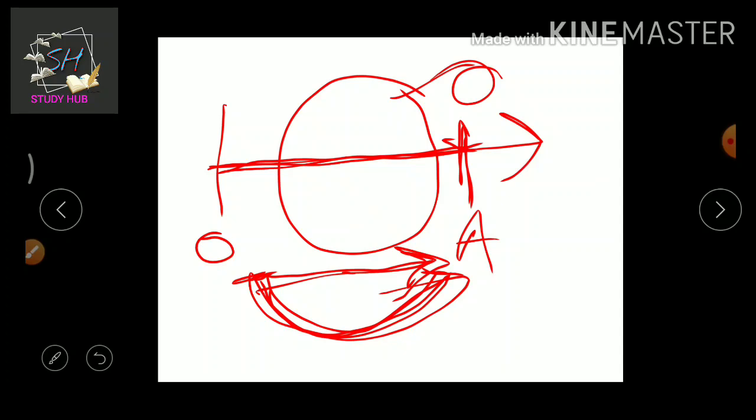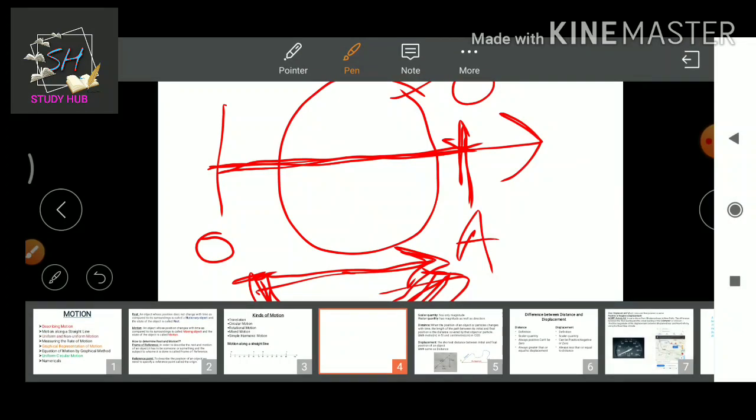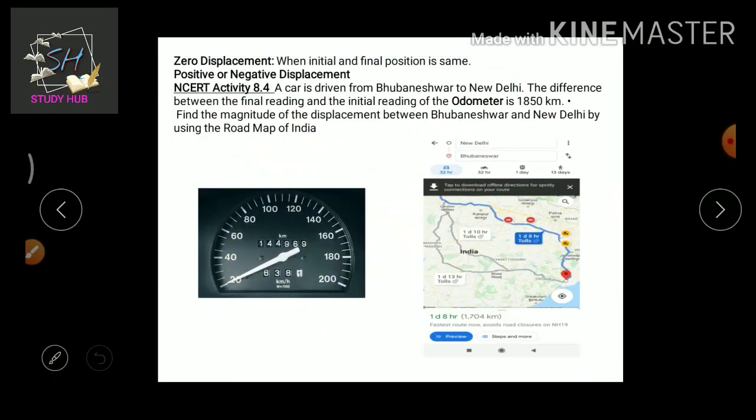Now in your NCERT book there is an activity 8.4. What is it saying? It is saying that a car is driving from Bhubaneswar to New Delhi. The difference between the final reading and the initial reading of the odometer is 1850 km.